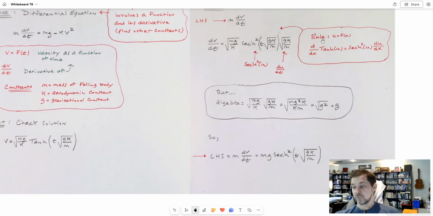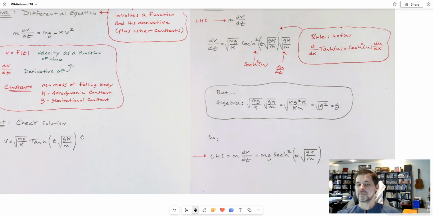Well, we'd have to know the rule to find the derivative of hyperbolic tangent in general. Okay? So if I have the derivative with respect to x, like say if x is the variable, hyperbolic tangent of u, where u is some more complicated function that involves x, or in this case, some other variable t, it's hyperbolic secant squared u times the derivative of the u.